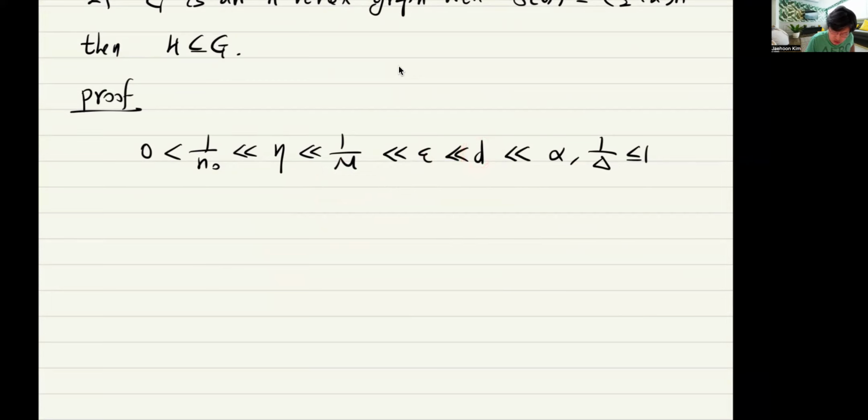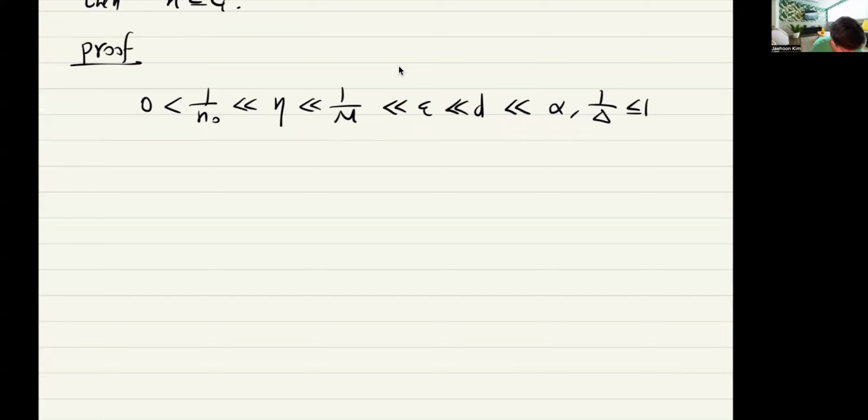So this is smaller than f of these two for certain f, and this is smaller than g of d for certain g. And then we can specify this f and g and other functions, but that's tedious and technical, so we will not do that.